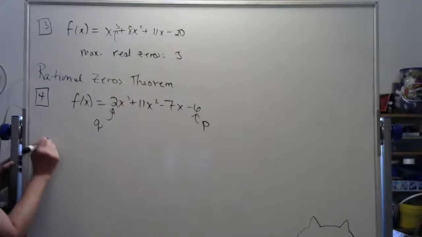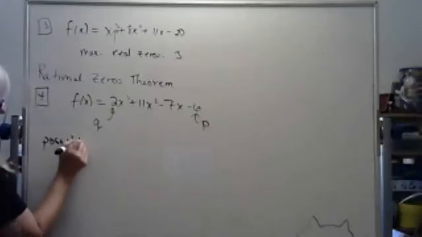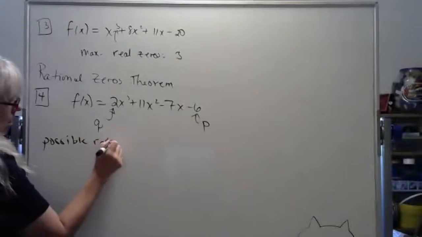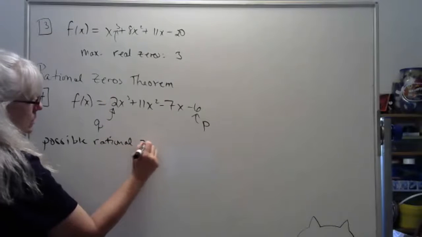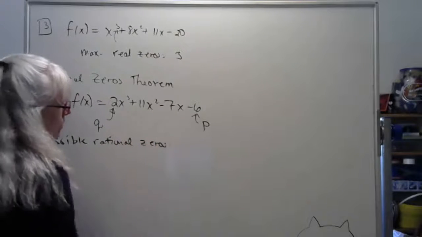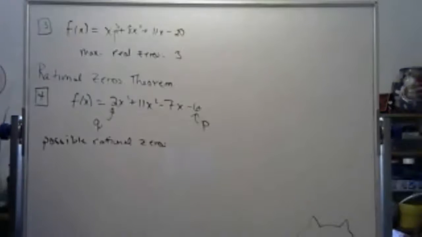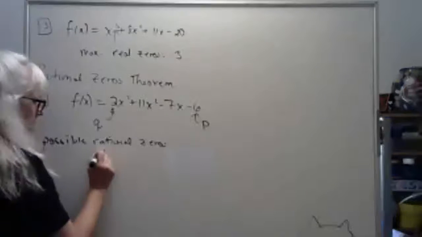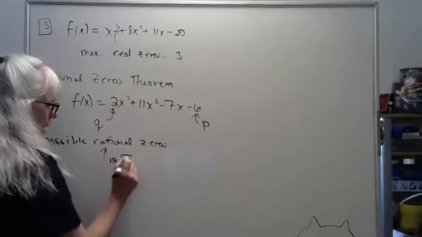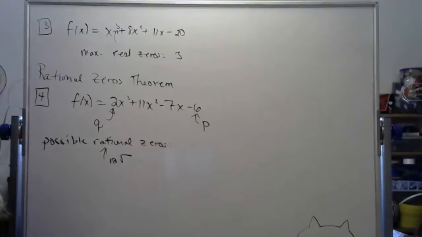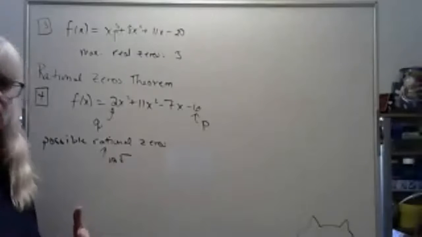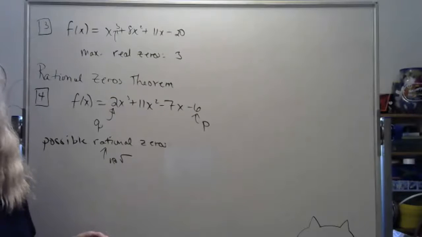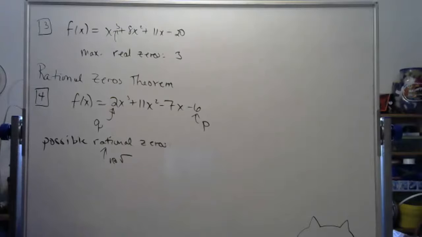So the possible rational zeros. So in other words, the possible numbers that could be zeros that are rational numbers. And what, again, rational means is no radicals. So fractions are fine, decimals are fine as long as they're terminating or repeating.